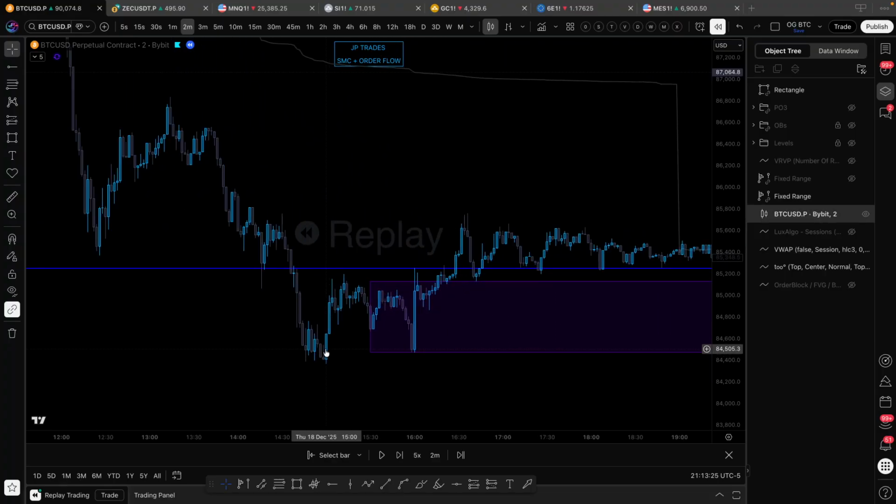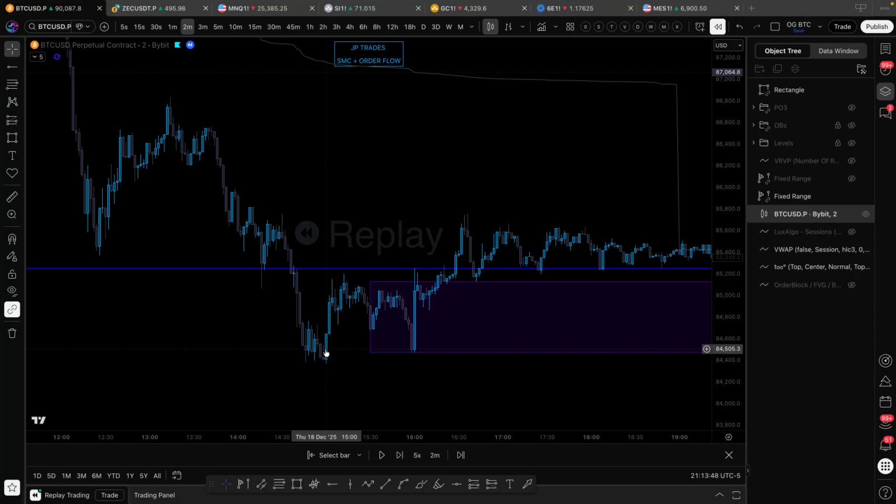However, could we have used other tools outside of market structure? Yes, we absolutely can. And I know a lot of people that trade SMC or just trade price action get very dogmatic about not using indicators and using nothing but market structure, right? It's the key, right?